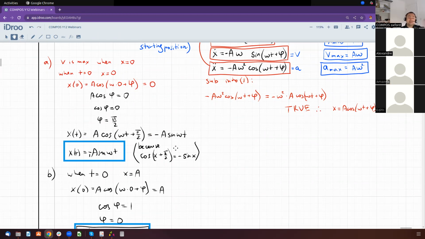If you start the cycle at maximum displacement, that's phi equals 0. If you start it at the middle, it's pi over 2. It's a quarter of the cycle. Okay. So it's the starting phase. A phase is, well, it's the phase of an oscillation. It's where you start. So I hope that makes sense.